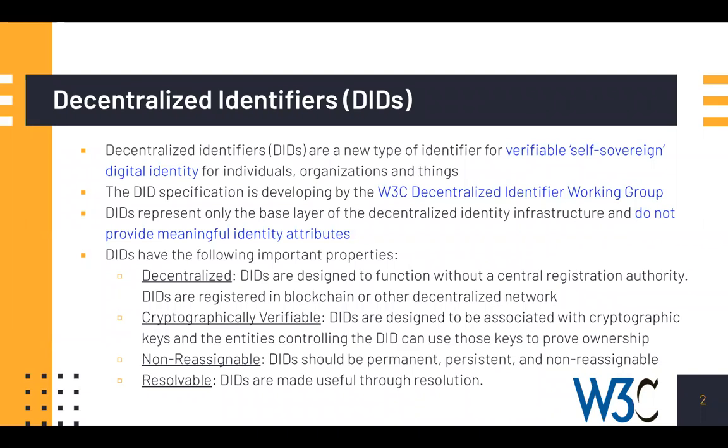DID also is cryptographically verifiable, which means DIDs are designed to be associated with a pair of cryptographic keys, and the owner of a DID can use those keys to prove ownership of this identity. The third property is non-reusable, which means a DID should be permanent, persistent, and non-reusable. The last one is that a DID is resolvable, which means a DID is usable through resolution.